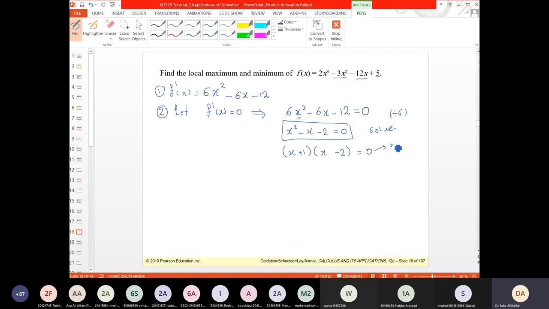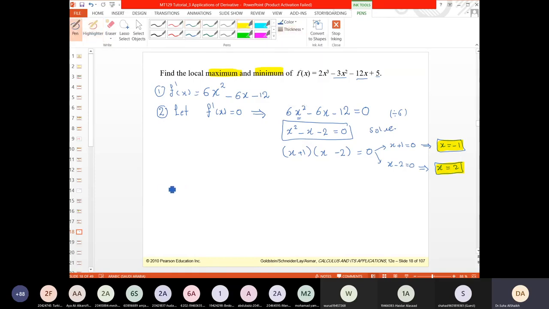This means either x plus 1 is equal to 0, or x minus 2 is the one that equals 0. From here we get x equals minus 1, and from here we get x equals 2. Great. Now I have 2 points. These 2 points may be maximum and minimum.